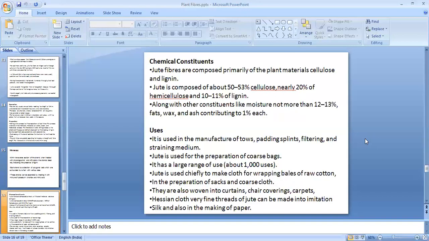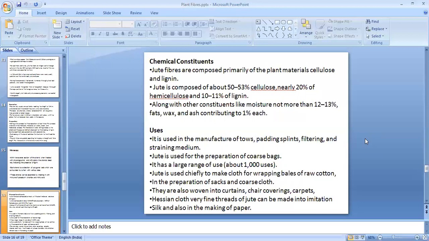And next, when you see the chemical constituents, jute fibers primarily contain the plant materials cellulose and lignin. Usually they have cellulose, hemicellulose and lignin. Along with this, they also have moisture of around 12 to 13% and wax, fat, etc.